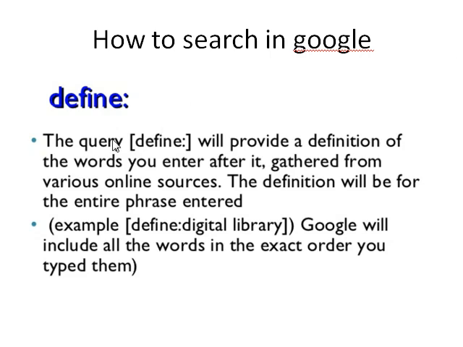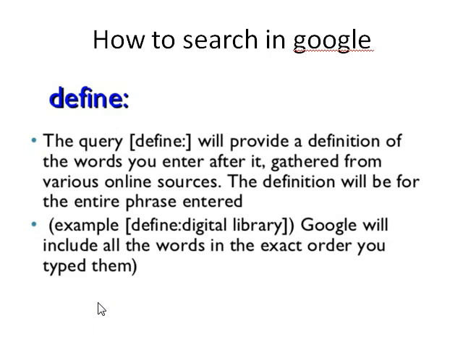The query define will provide a definition of the words you enter after it, gathered from various online sources, for example Wikipedia and so on. The definition will be for the entire phrase entered. Example, define digital library. Google will include all the words in the exact order you type them.